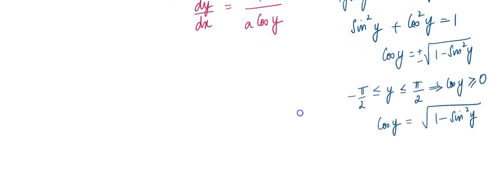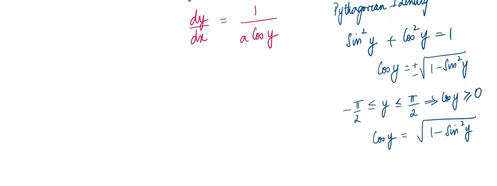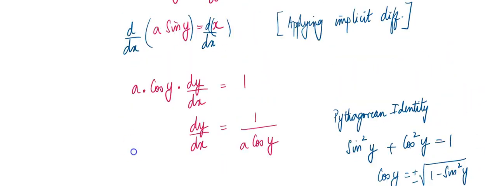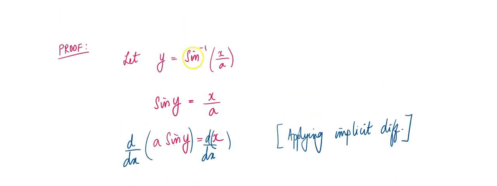Okay, a little bit of rigor there, because we can't just forget about the plus or minus option because it's a square root, but we are able to choose the positive side of it because of the domain of y. Why is that y coming? Because that is the reason why we started off with y as sine inverse, right? So that is what helps us get a domain for y that will remain positive. So if it helps, we can actually bring that here.